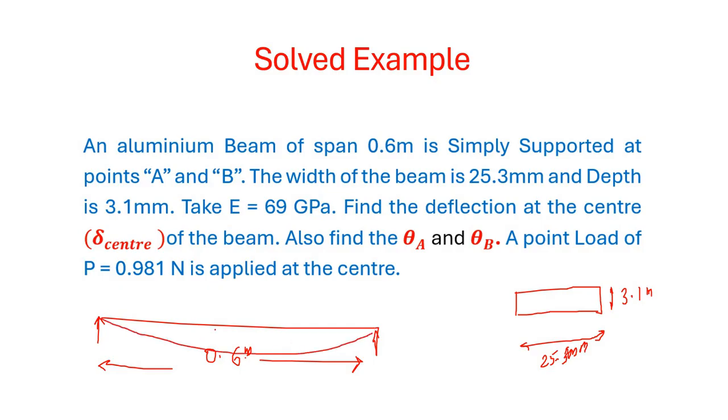So if you draw the deflection diagram, you need to apply the load at the center. Here, the load is 0.981 Newton. So you have to find out the theta at these locations, and also you have to find out the delta at the center. How to do that?